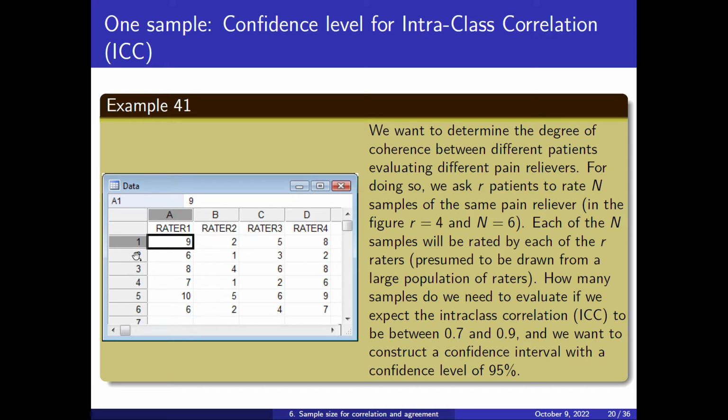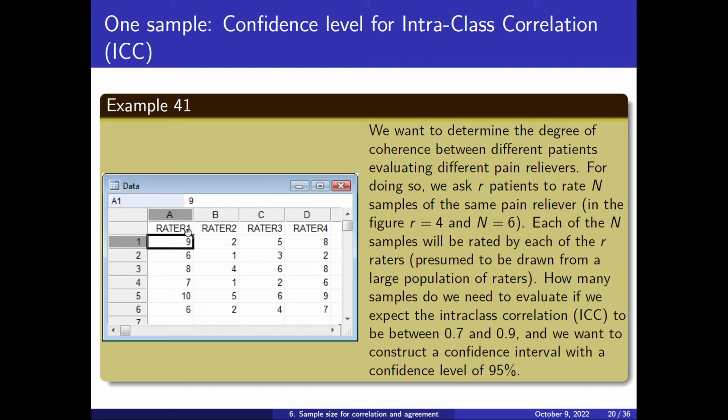You ask this person to rate the same pain reliever, but he doesn't know it, to evaluate it once, twice, 3 times, 4 times, etc. In this example we have n equals 6. If he's totally coherent, all these ratings would be exactly the same. If he's rather incoherent, then all these ratings would be different.